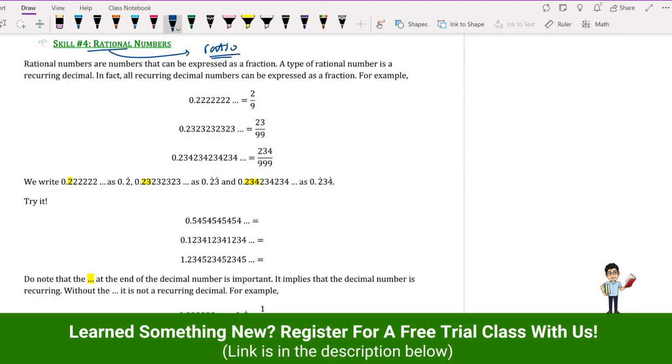And ratio means fractions. Rational is an English word as well, but in mathematics, it comes from the root word ratio. Ratio means fraction. So what are rational numbers? Numbers that can be expressed as fractions. Quite simple to understand.